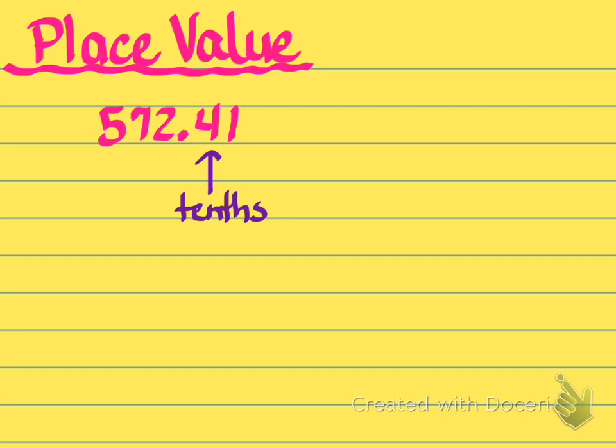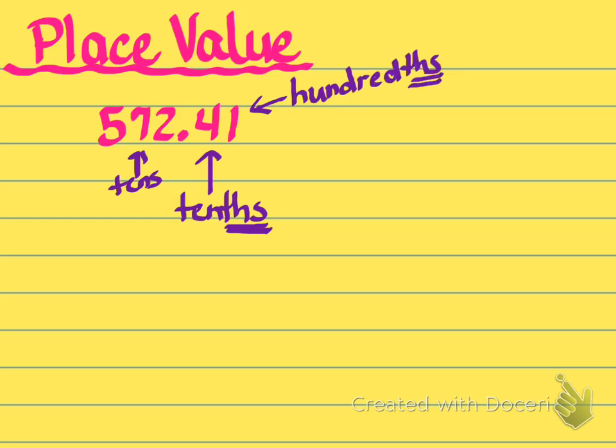So notice that it ends with a THS. This is not to be mistaken with the word 10, because the 7 is in the tens column. So the 7's in the tens, but the 4 is in the tenths with a THS at the end. The 1 is in the hundredths column.